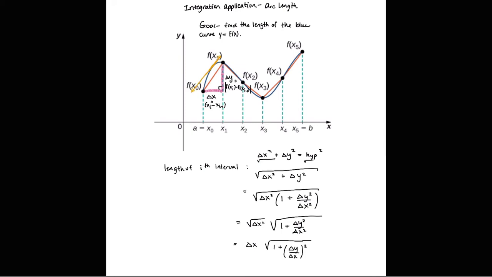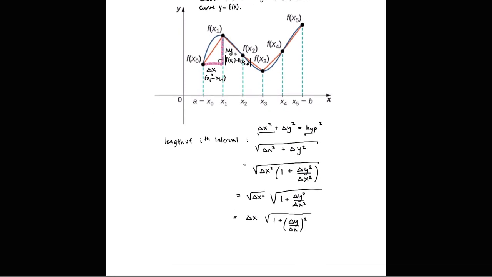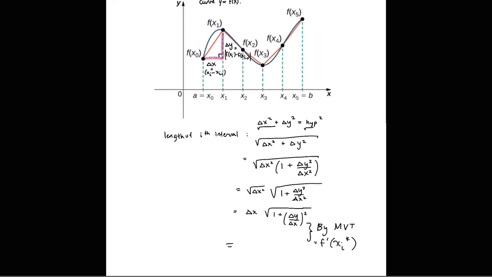So instead of viewing this as some sort of slope that would be really hard to find in terms of delta y over delta x, we can say, well, by the mean value theorem, that's the derivative at some point in the interval. So this is, by the MVT, the mean value theorem, equal to f prime, the derivative at x sub i star.